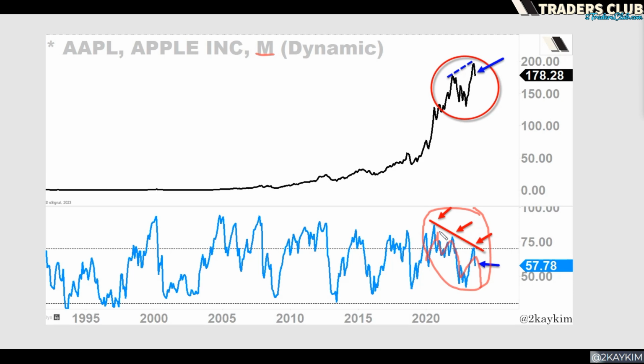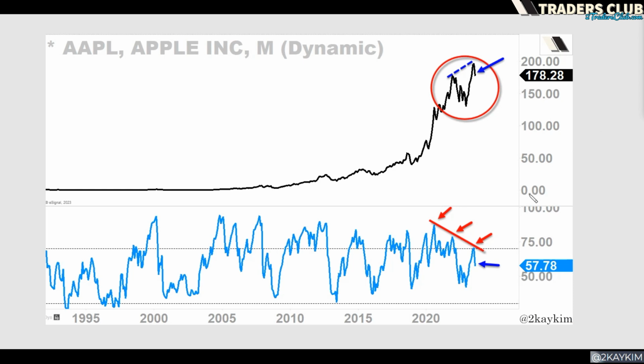Again, this being a monthly chart, it could take months, maybe a year or so, before we can actually see this signal fully materializing. But I think for now, this is something that we should be aware of.